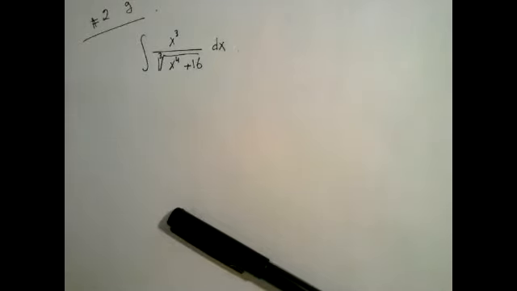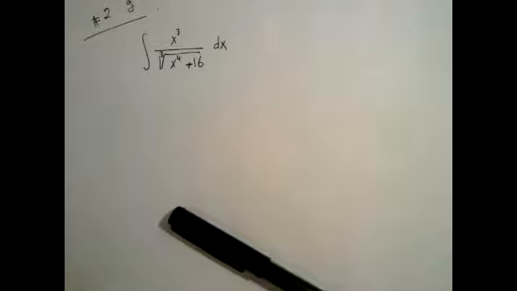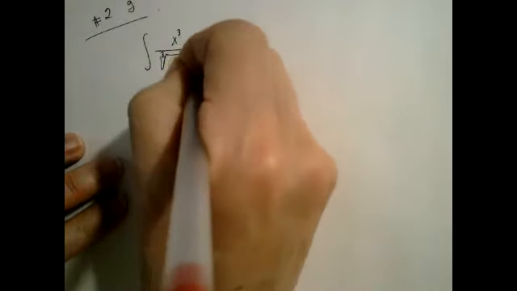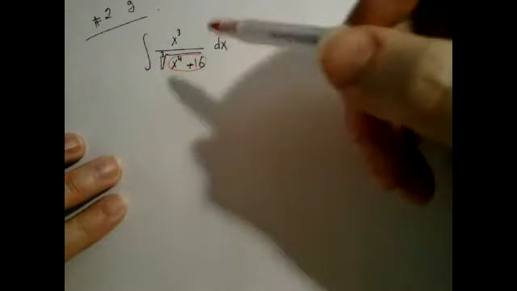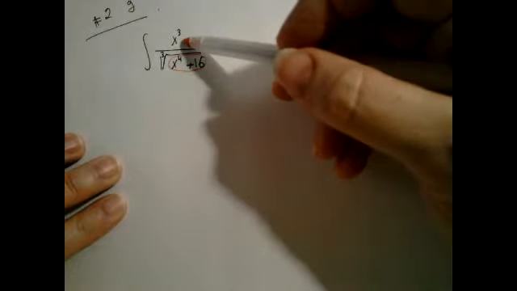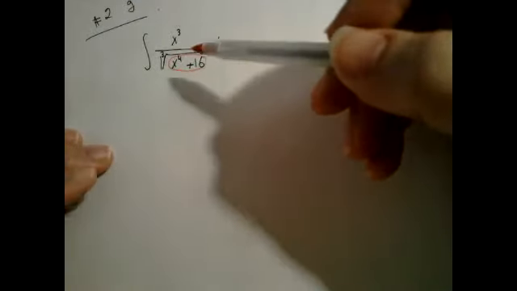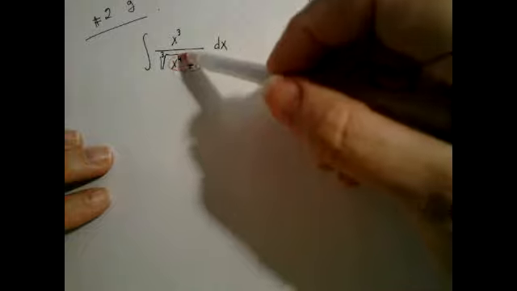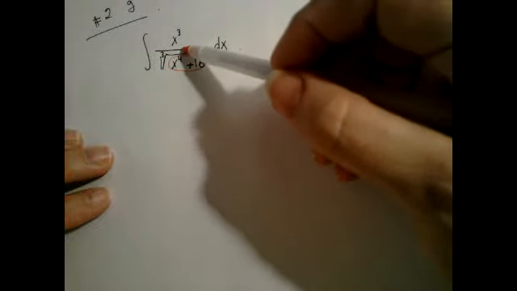Do you see anything within this integral? Do you see an inside function and its derivative? X to the 4 plus 16. Exactly. If we look very carefully at this x to the 4 plus 16, this derivative is almost there up to a constant. Constants never give us problems because the derivative of x to the 4 plus 16 is x cubed times a constant.